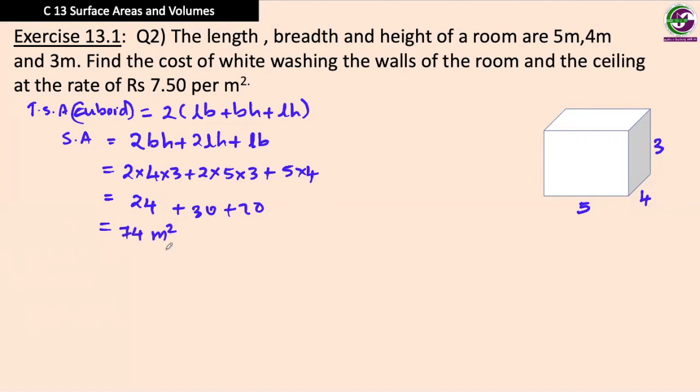That is the total area. Total cost is equal to, for 1 meter it is 7.5. So for 74 meter it will be 74 times 7.50, which will be equal to rupees 555.